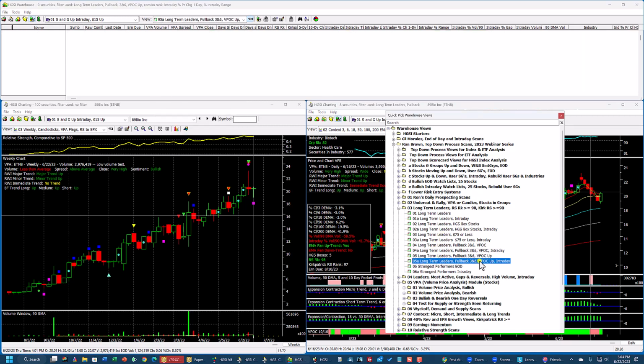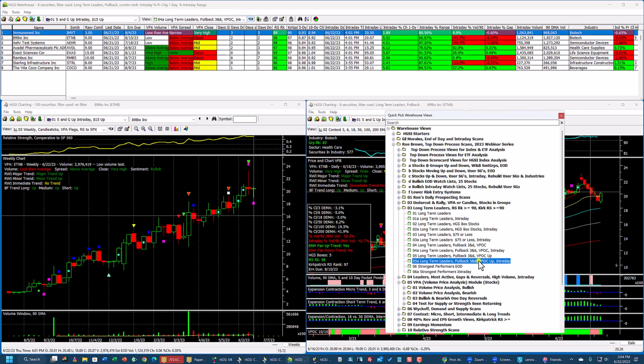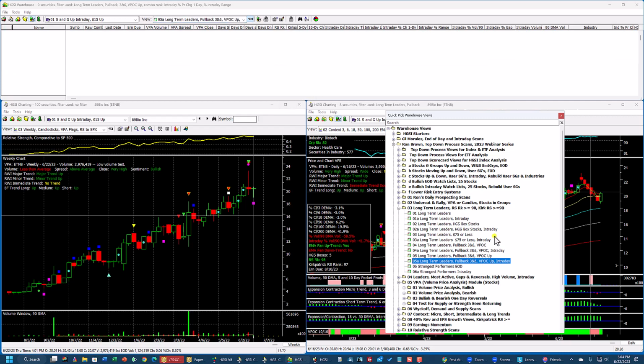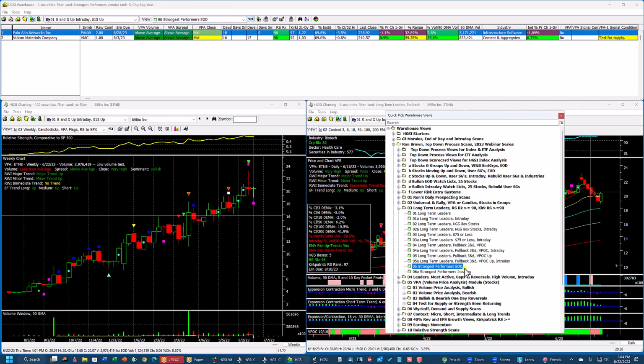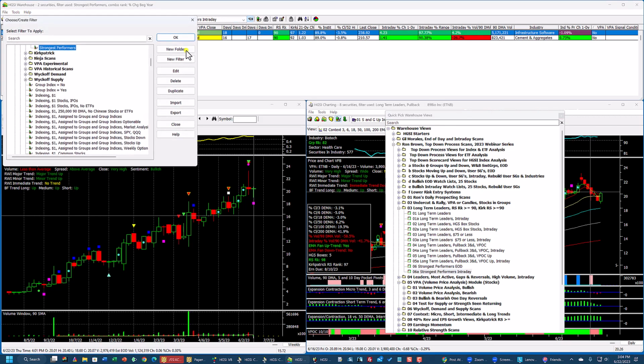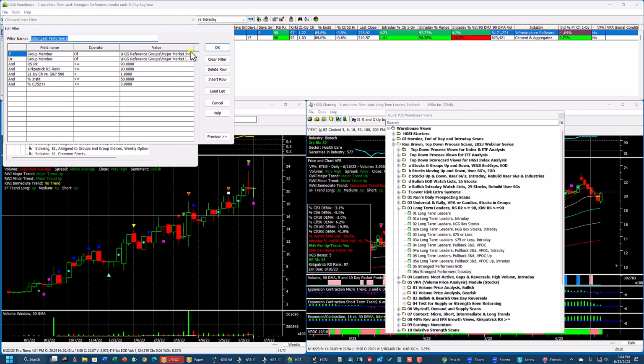Now what this is, pullback 3. Here the VPOC is up. Nothing is coming through on that one. Strongest performers end of day. What did I change on this? Let's take a look. Oh, I know.